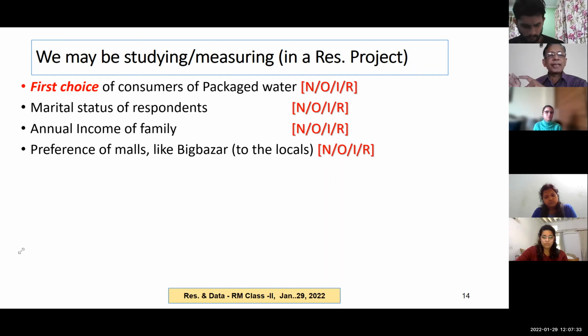You have an objective option, multiple choice: married, unmarried, others, or whatever. Those are categories. When you are capturing the response in the form of categories, that is called a category scale or nominal scale. When you use it later for analysis, that will be different.